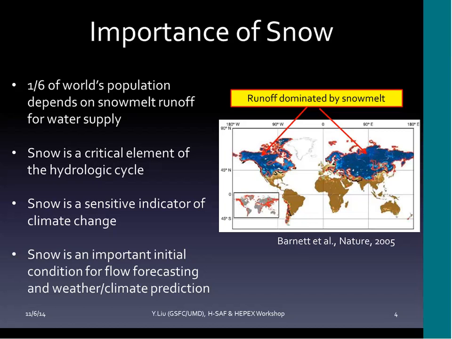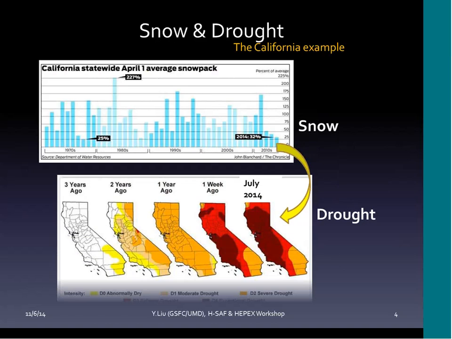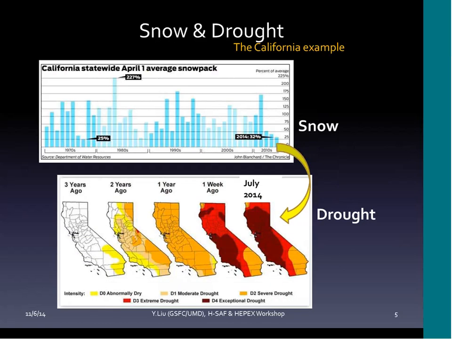And snow, from a hydrologic forecasting point of view, is a very important initial condition. It's also important for weather and climate prediction. Just as an example, if you heard about the California drought that's going on right now, look at the snowpack for the last 3 snow seasons.